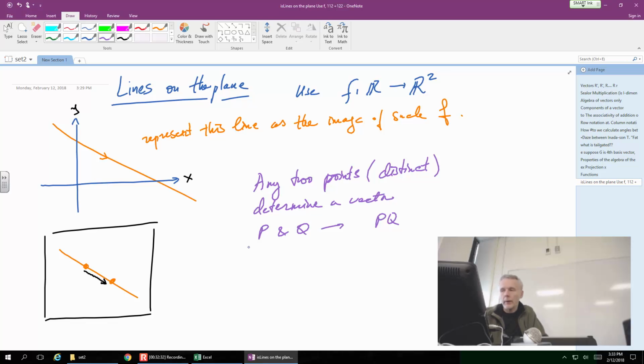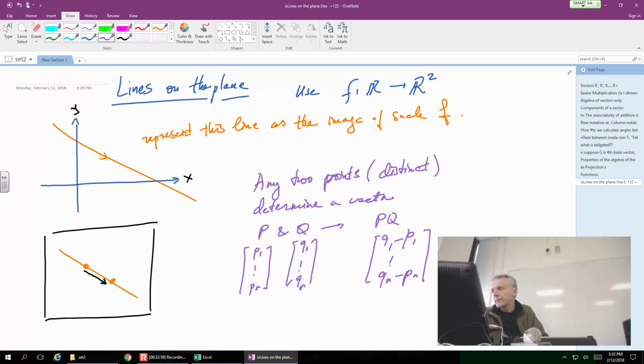Well, you can certainly write the coordinates, say P1 through Pn, Q1 through Qn, and then the vector will be simply Q1 minus P1, and so on, Qn minus Pn. So that is the construction that connects the geometry of points, once again Euclidean, and vector algebra. 2 points determine a vector in a very predictable way.